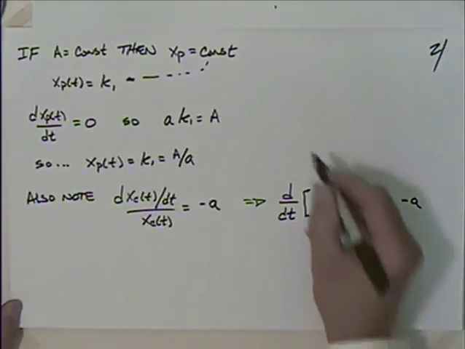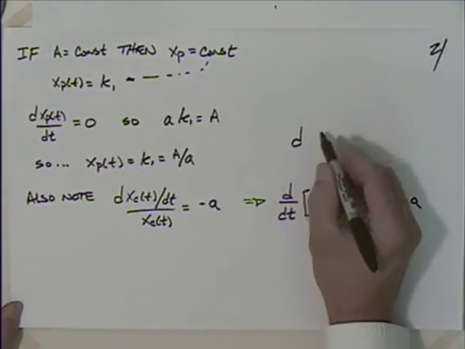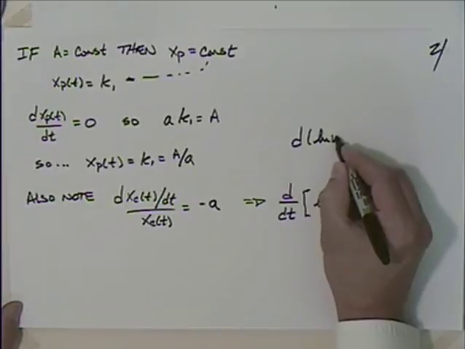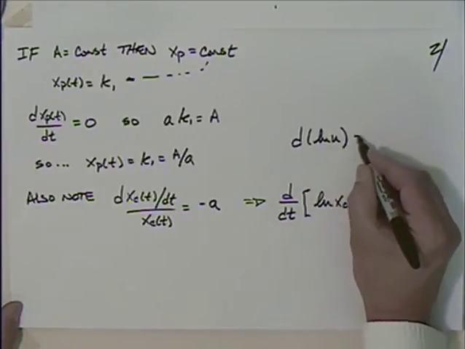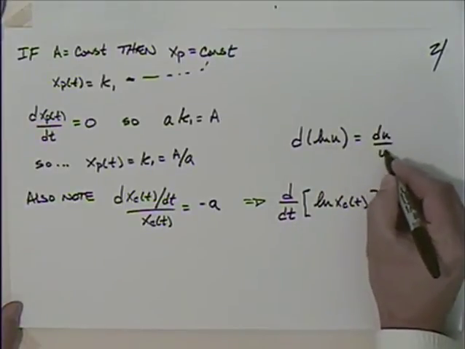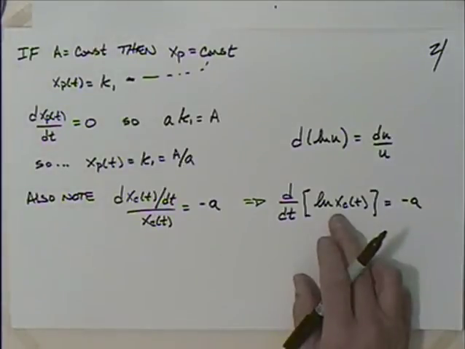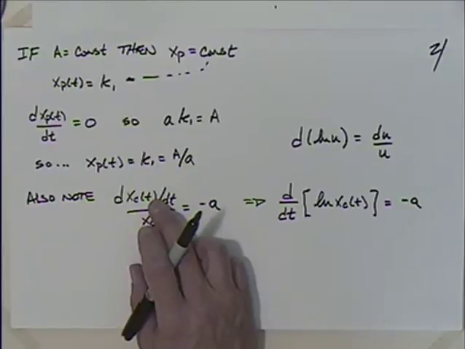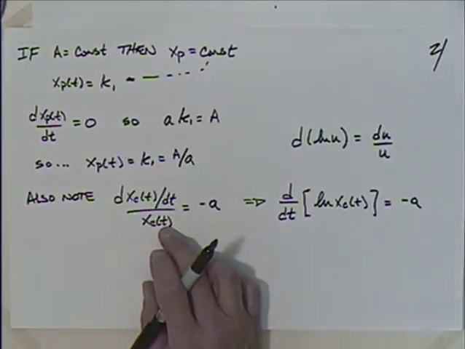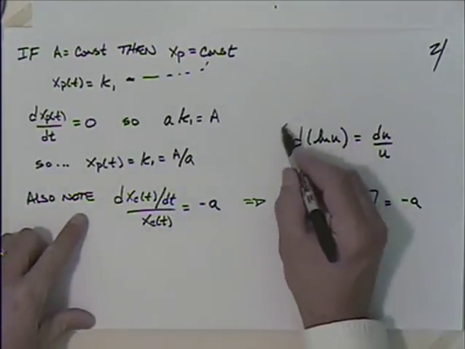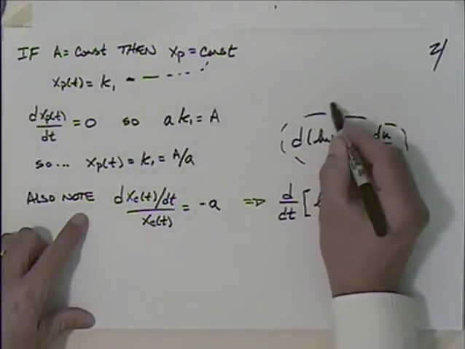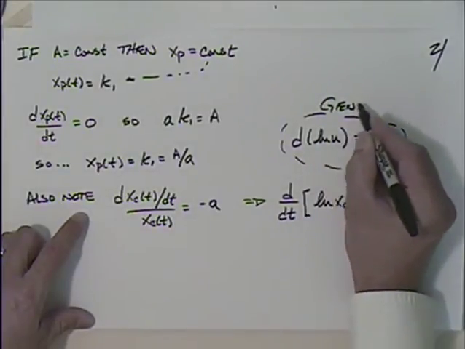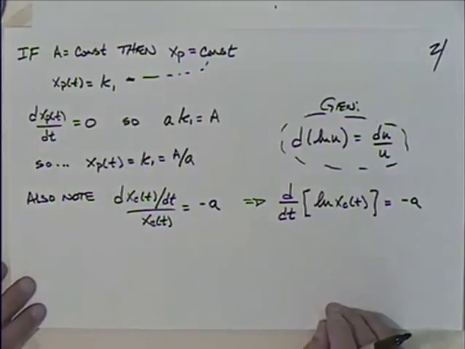And we go back, what's the derivative of the log of u? What's that equal to? du over u. So when I take the derivative of this, I get back to that, the derivative of the argument of the log divided by the argument of the log. So this is just in general. In general, we've got that.